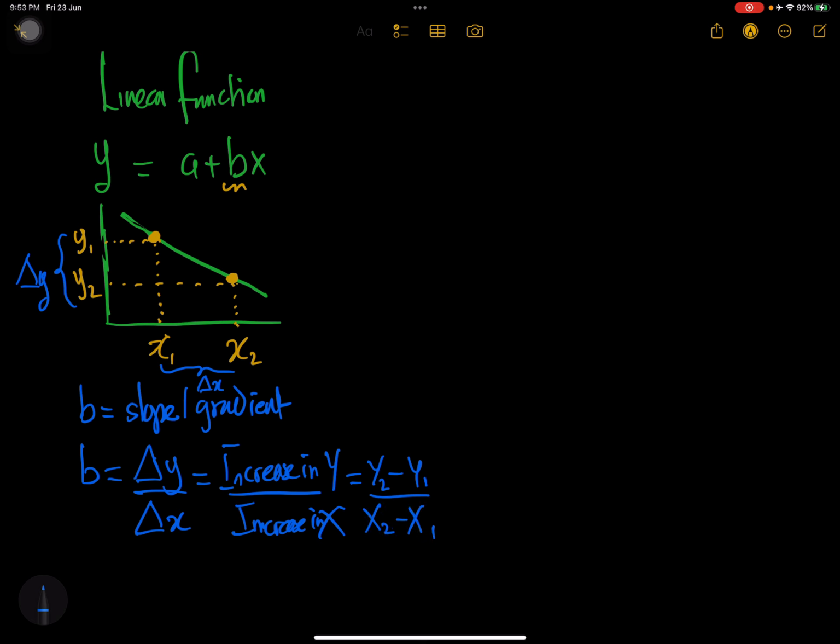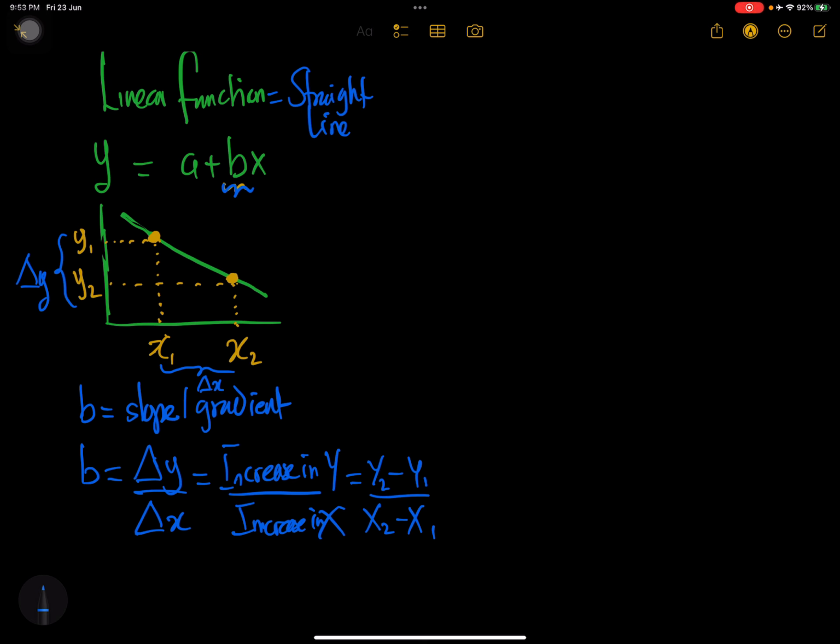So that's the slope. The b part here is known as the slope or the gradient of that linear function, which is similar to a straight line. For the slope of any straight line, no matter the points that are picked on that line, the slope is always going to be the same.